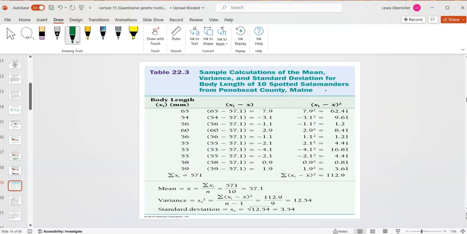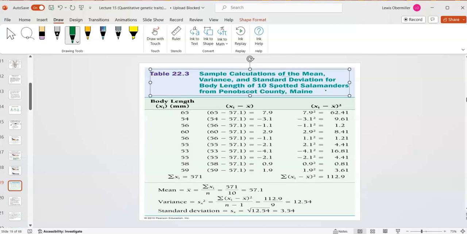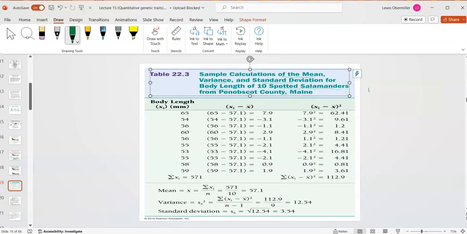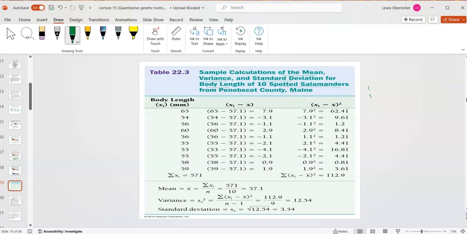Okay, so let's do some real world problems. Let's say that we want to calculate the mean, variance, and standard deviation of the body length of 10 spotted salamanders from Penobscot County, Maine.